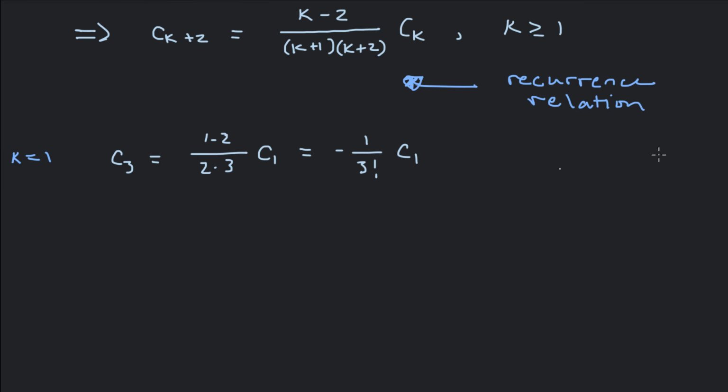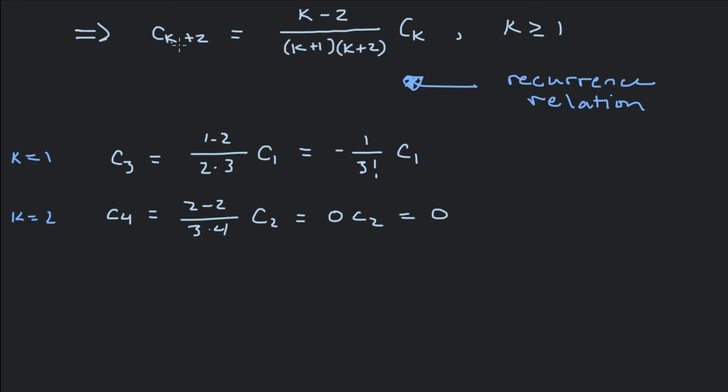Right, so then plug in k equals 2, see what we get. For k equals 2, we'll get C4 is equal to 2 minus 2 over 3 times 4 C2. Well, that's 0 times C2, which is 0 regardless of whatever C2 is. So C4 is 0.